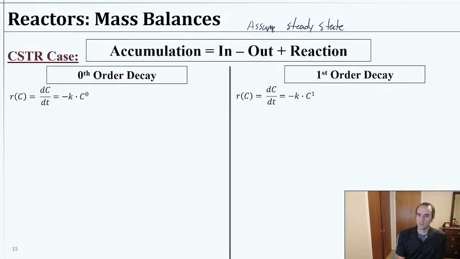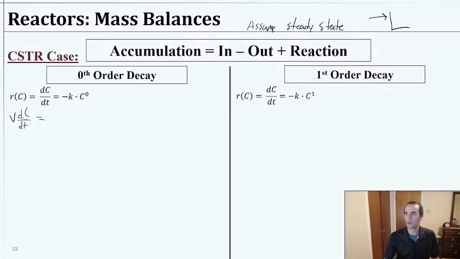Okay, so a zero order decay reaction, our rate term is dC/dt equals negative kC to the 0 power. So how do we put that into our overall mass balance? Well, we'll start by writing the accumulation term. We will assume this goes to 0, but let's write it out first. Then we have, and by the way, whenever you start writing out a mass balance, I highly recommend you make your own little sketch.